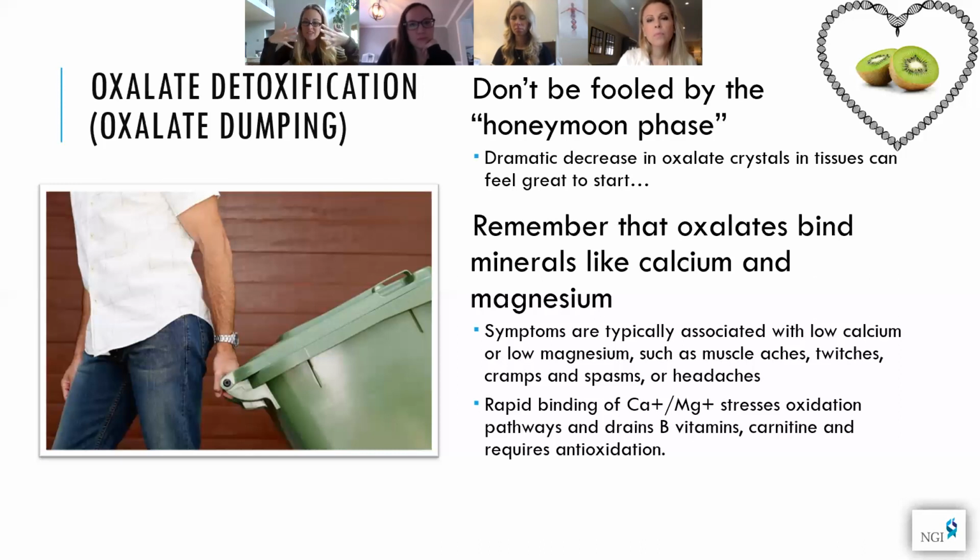So think about oxalate crystals. Shards of glass, remember, guys, really painful. And Laura describes it as like scraping out of your system, like it's scratching its way out. This is painful. That's what it feels like. This is not a fun sort of thing.